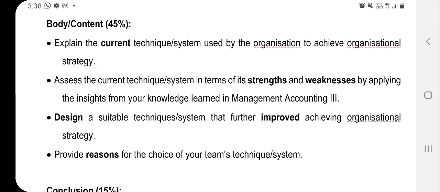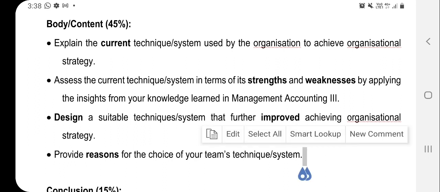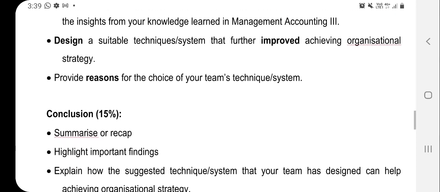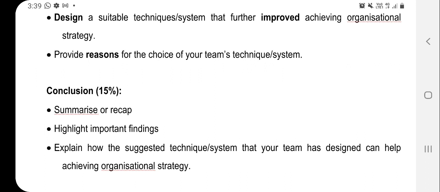Something like that. So you have to design the technique by referring to the things that you have learned or will learn in the Management Accounting 3 course. And then you provide reasons for the choice of your team's technique or system.